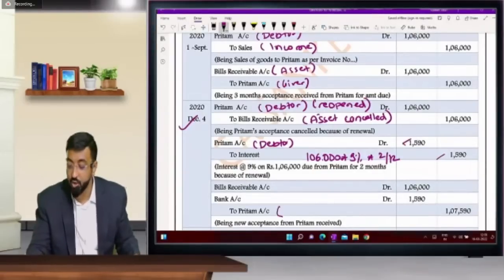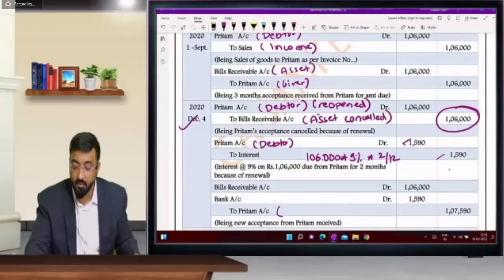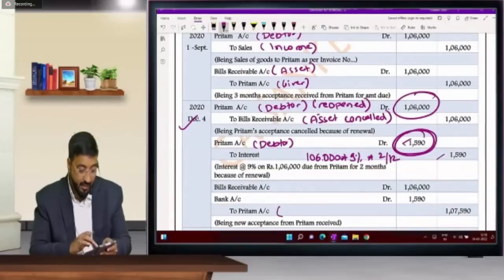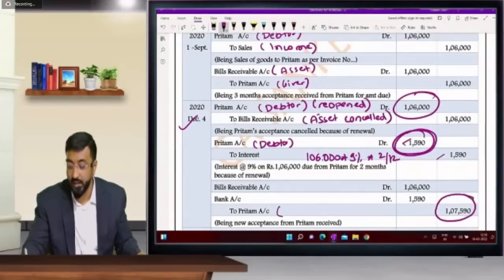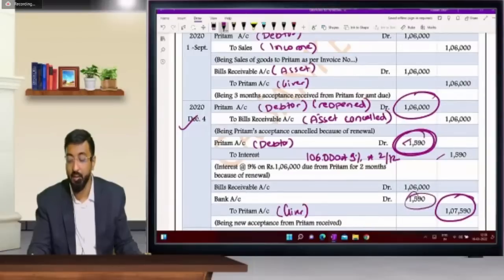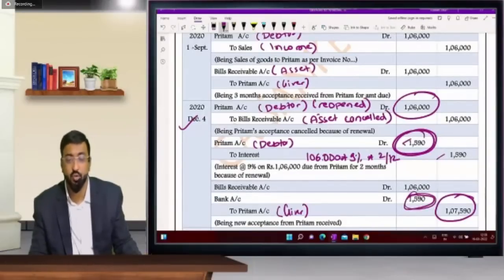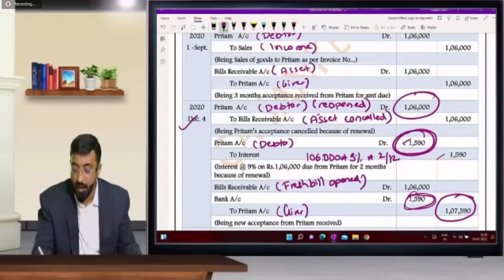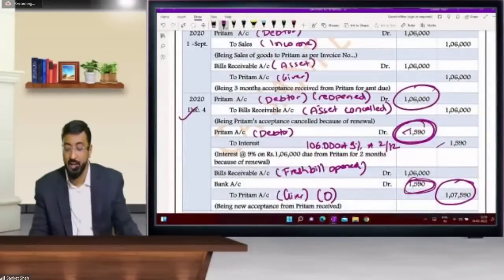Now Pritam is showing balance 1,06,000 plus 1,590. What is the balance? 1,07,590. You can check. Now Pritam is accepting interest in cash, so bank balance 1,590, or you can write cash. Bills receivable account debit, new bill, fresh bill opened, and Pritam balance 0.